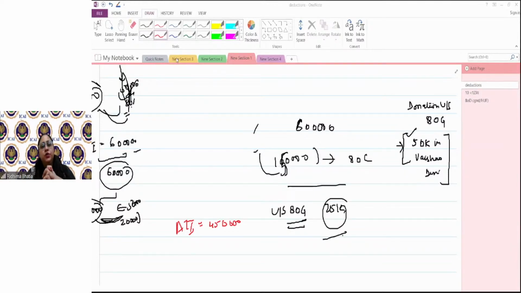So 80G is donation to specified institutions or funds, allowed to any assessee up to 50% or 100% of the donations made. So today we began with 80DD. We talked about medical expenditure or payment of insurance premium for the benefit of a relative suffering from disability, and that person is dependent.